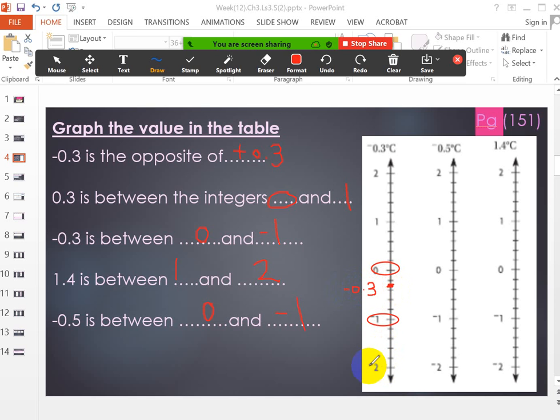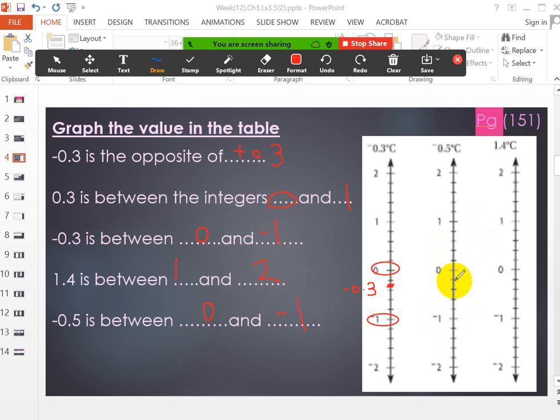Okay, now how will I locate negative 0.5? A negative rational number will be on the vertical number line, up or down. Of course it will be down. The negative side will be down on the vertical number line. Now, as we said, negative 0.5 will be between 0 and negative 1. Where?